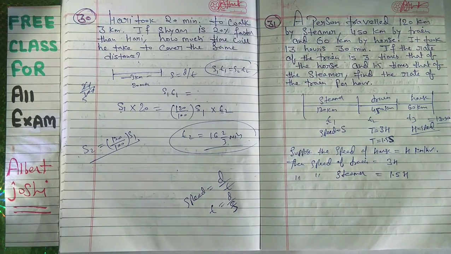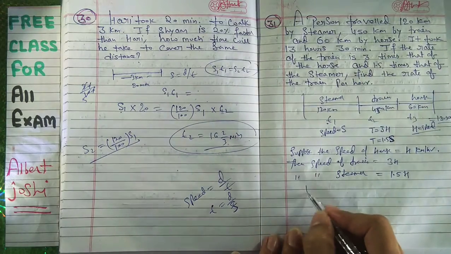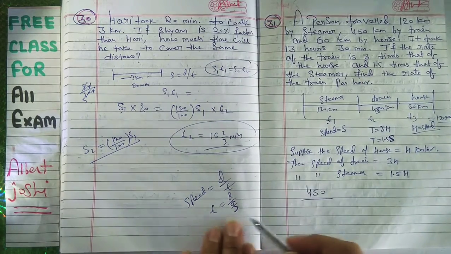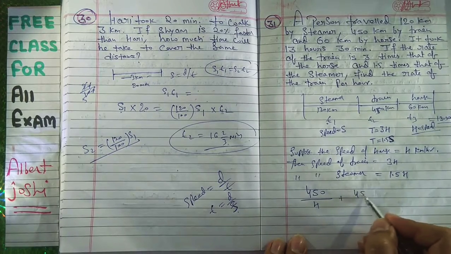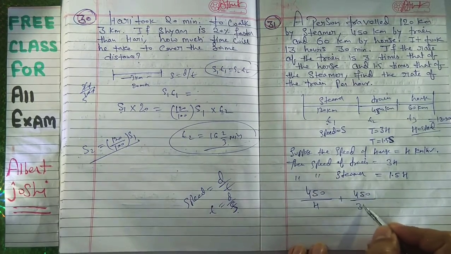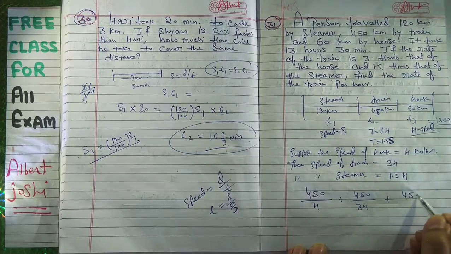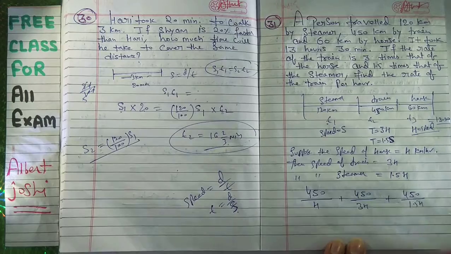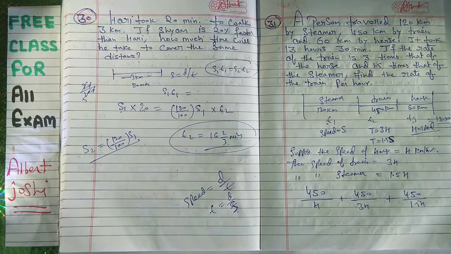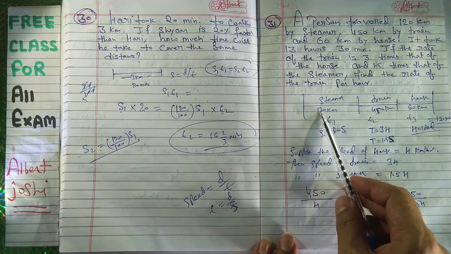So what is distance? Distance is 450 km. 450 km upon speed of this, h, plus 450 km upon speed of this, 3h, plus distance upon speed of this, 1.5h. Sorry, he took 120 km.